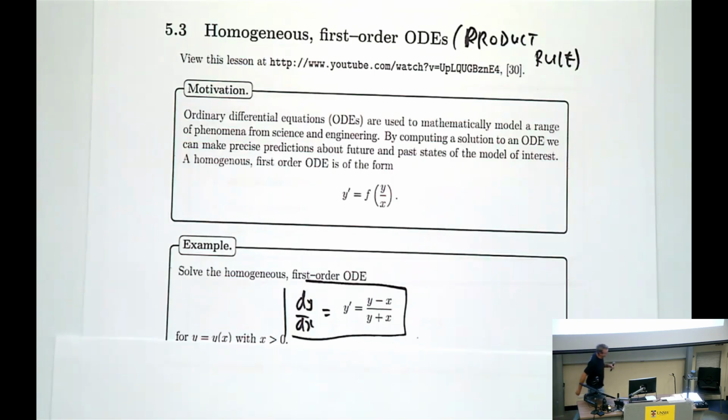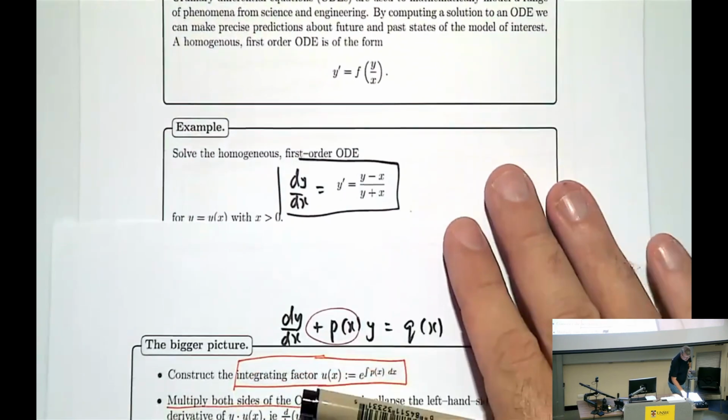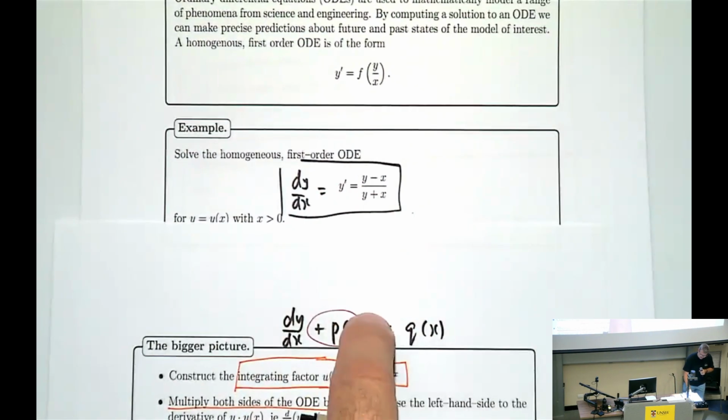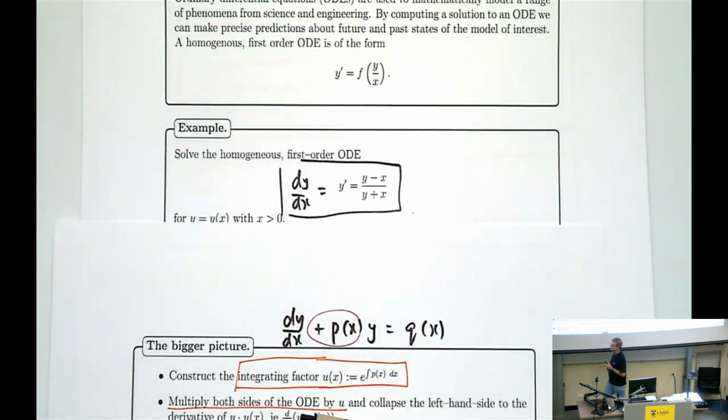All right, so let me move this up a bit. Are those the same form? Can you rearrange the top equation to get the bottom equation? If so, what's P and Q?